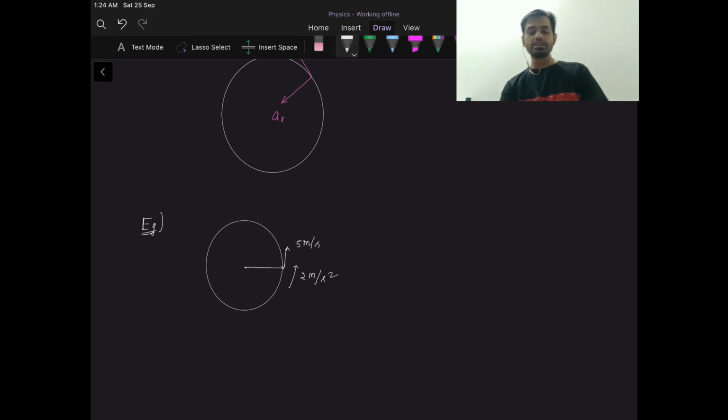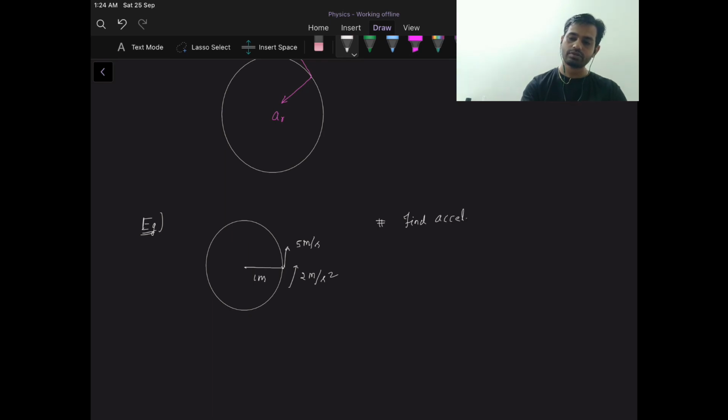The radius is equal to 1 meter. The question we can ask is: find the acceleration at different points.